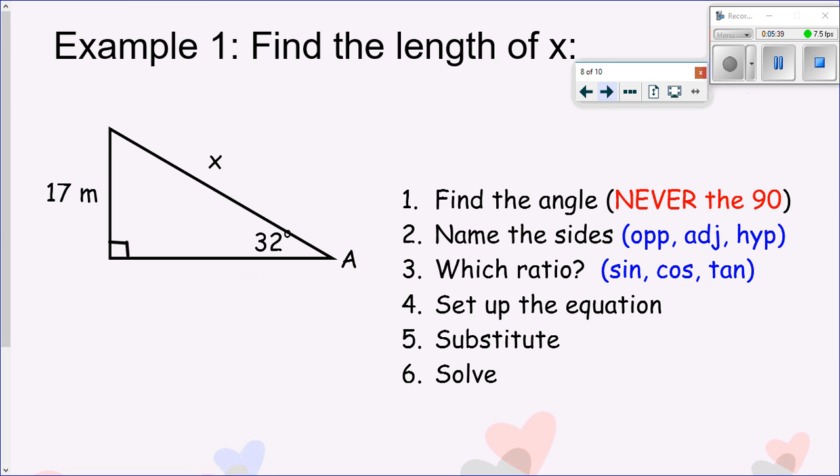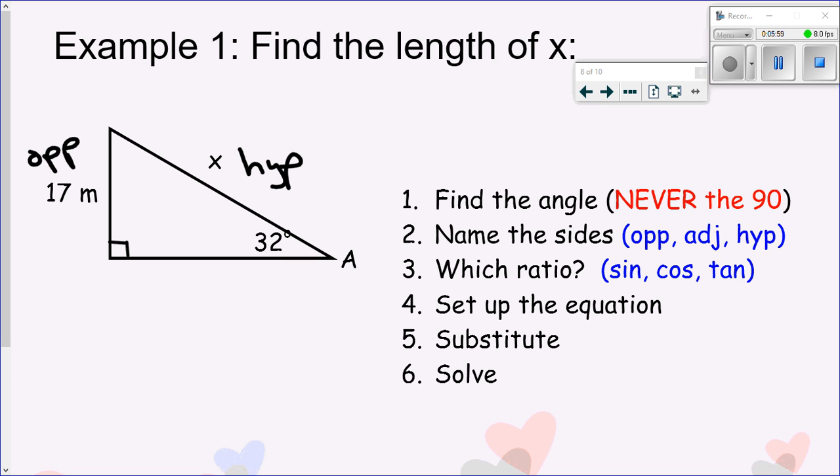Now we're going to work a little closer to what I'm going to expect. We're not going to get all the way there, but what do we have? We have the angle over here, which now makes the 17 the opposite, and the hypotenuse.